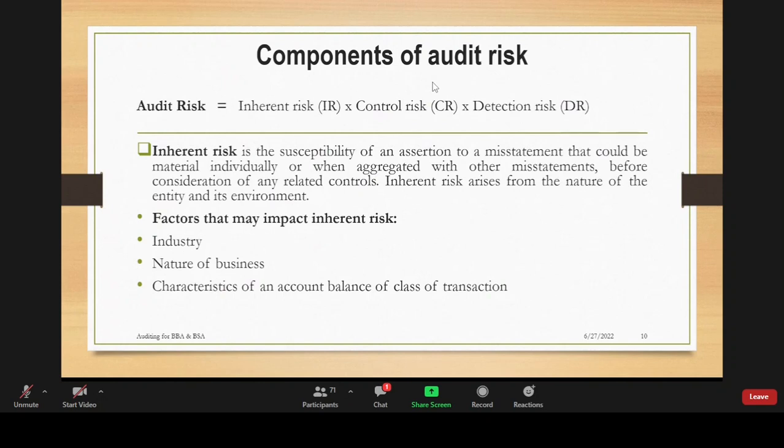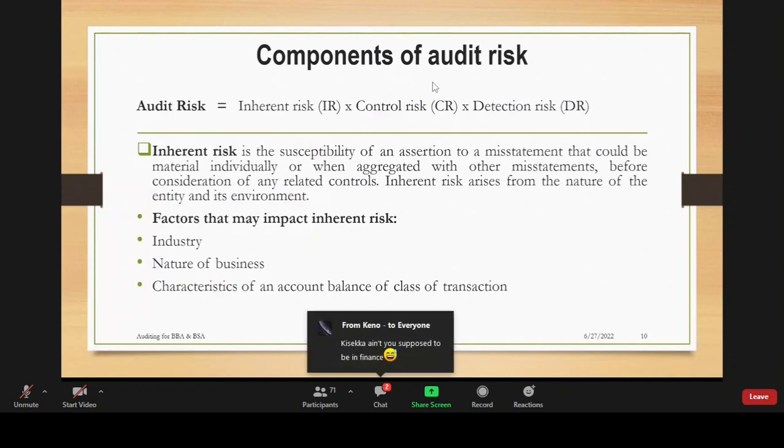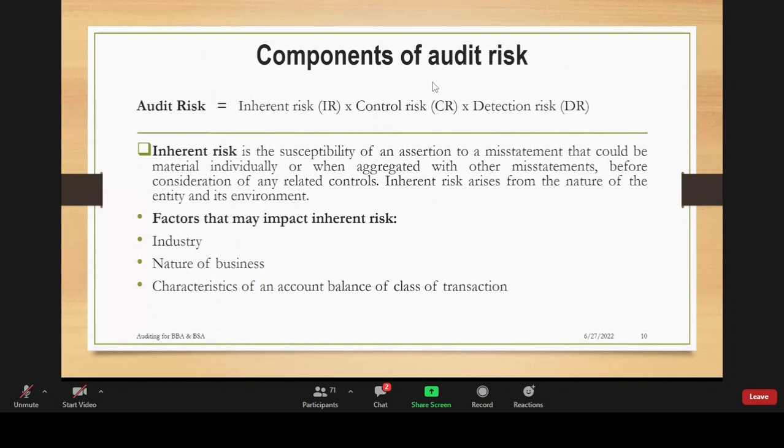So the inherent risk arises from the characteristics of an entity. A manufacturing firm may not be as risky as a bank. So different businesses have different levels of inherent risk.